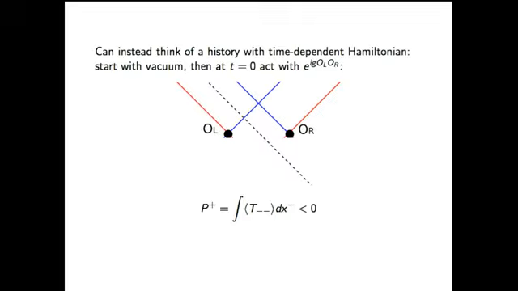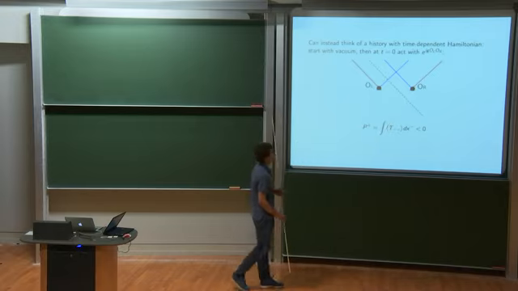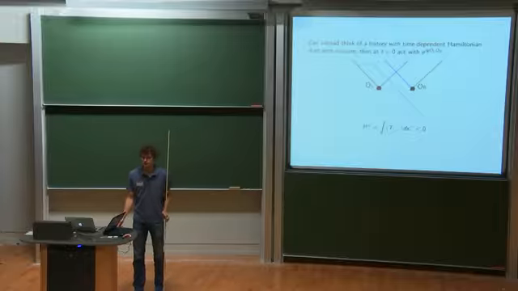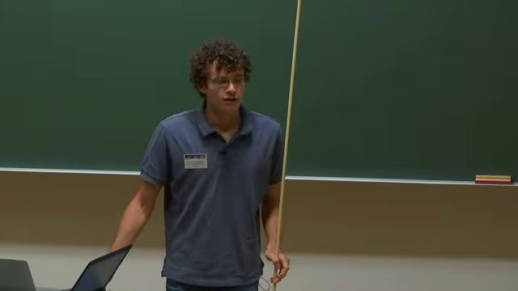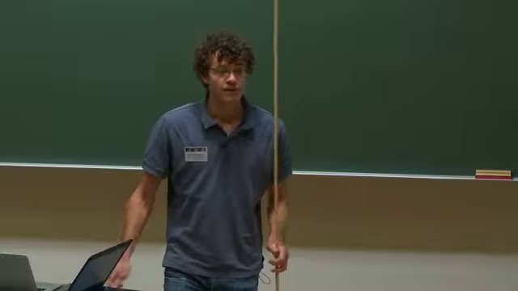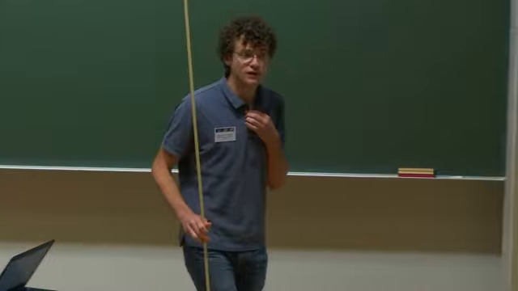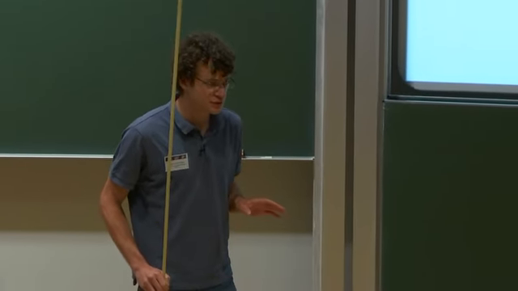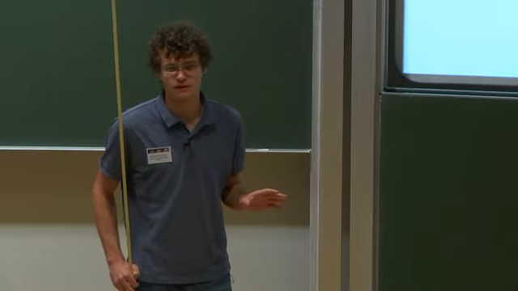Okay, and it's clear that in this history, the integral of the stress tensor along this dashed line is going to be negative, because we have the negative contribution, but not the compensating positive contribution. And, well, this sounds funny because we have negative average null energy, but it's totally fine with the theorem, the average null energy condition, because the assumption of that theorem is that we have a local relativistic quantum field theory.